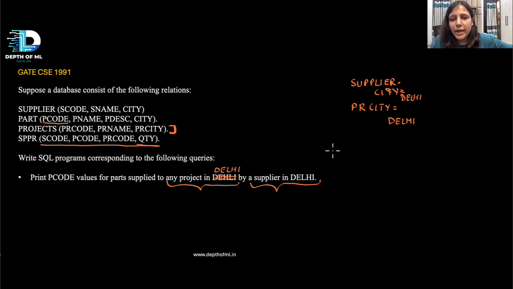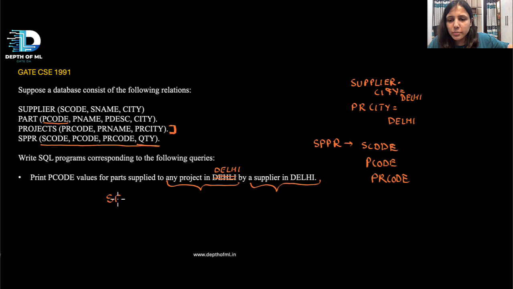So this SPPR table has to have the S code equal to the code of the supplier, which is here, right? S code should match, then P code I have to extract, and the project code, PR code should match the code of the project which is in Delhi, right? So let's write this query and we'll see how to do this.